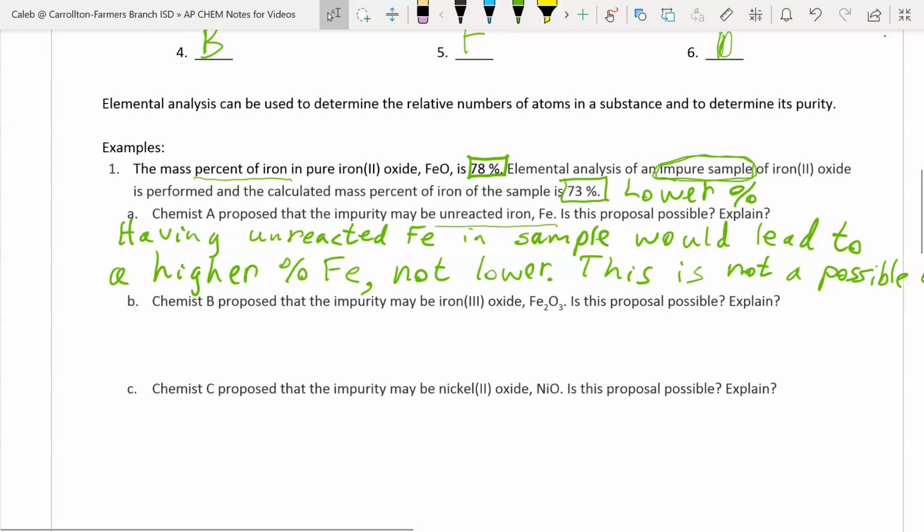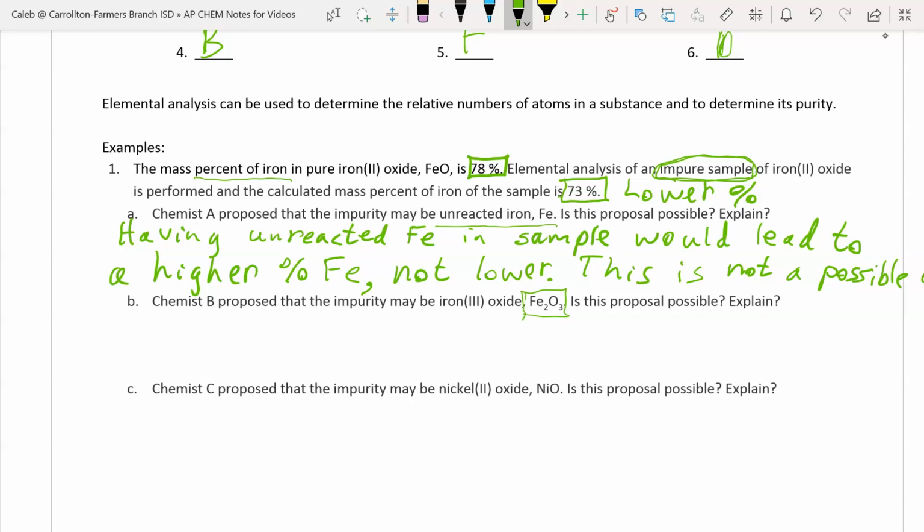So let's look at the next one. Chemist B proposed that the impurity might be iron(III) oxide, which is Fe2O3. Is this proposal possible? Now this one's a little trickier because we have to actually look at the formulas. You see that FeO is a 1-to-1 ratio of iron and oxygen. Fe2O3 is a 2-to-3 ratio. If you're not real confident with your ratios, we need to get a common multiple.